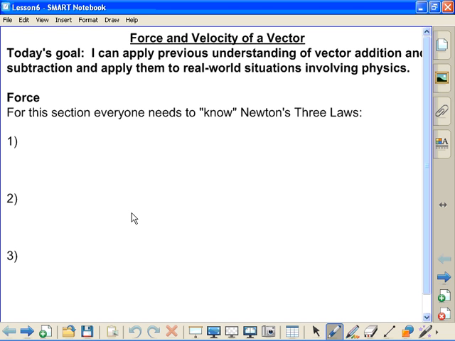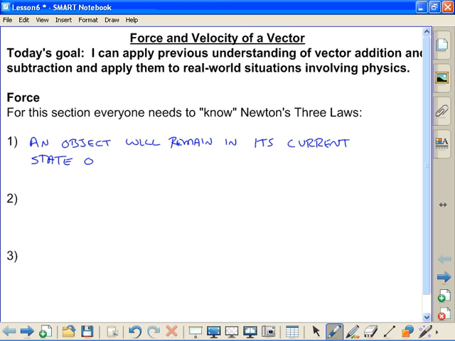Newton's first law: an object will remain in its current state of motion until acted upon by an unbalanced force.